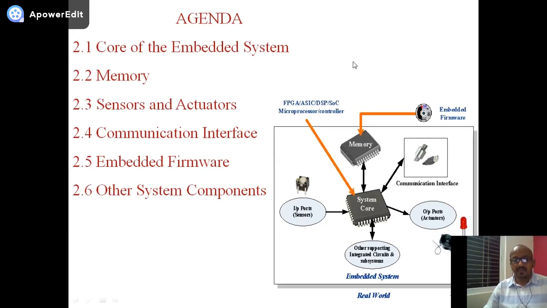The first part contains the core of embedded system, second part memory, third part sensors and actuators, the fourth video as part 4 communication interface, and I have recorded the fifth part of this chapter 2, embedded firmware and other system components, in one last video.